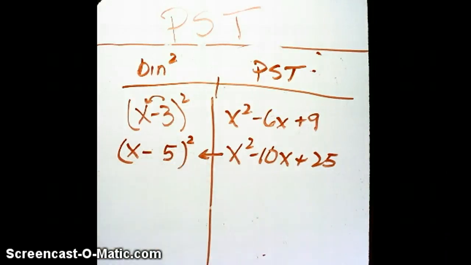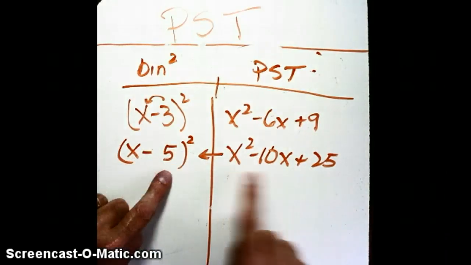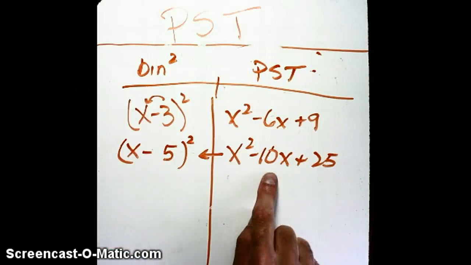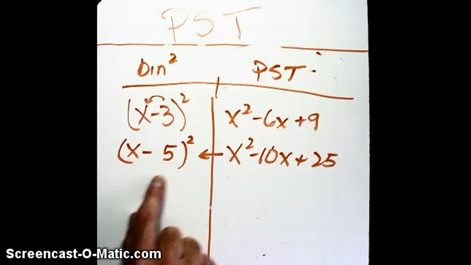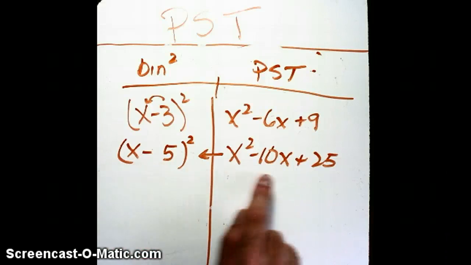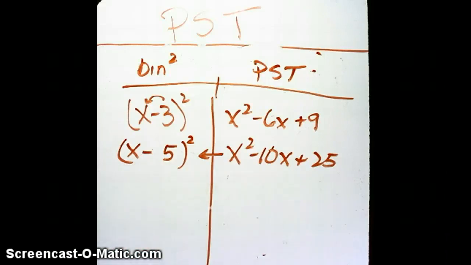Now, would that work? Well, the x squared works, the 5 squared works. Now, how did I get that 10x? Well, I multiplied these two together and doubled. That's negative 5x doubled is negative 10x. So please keep that in mind.